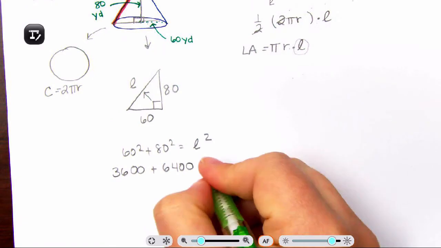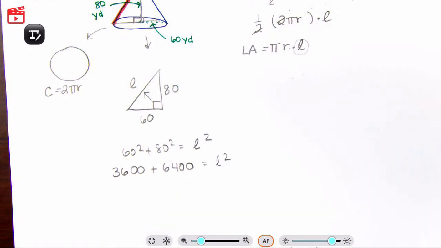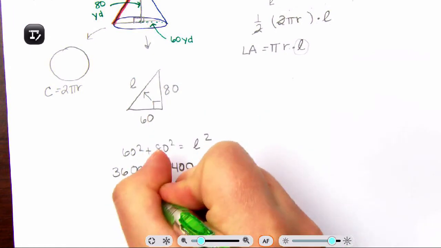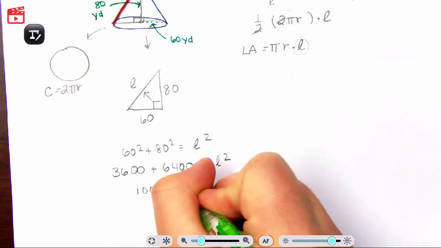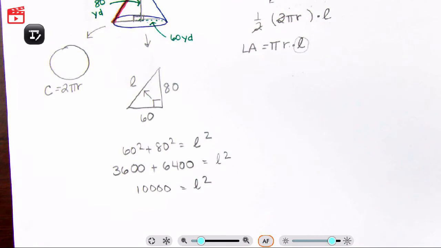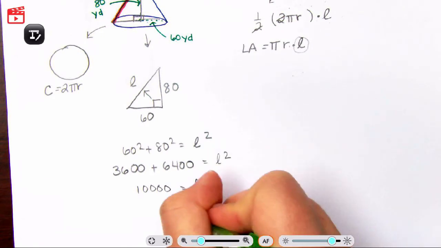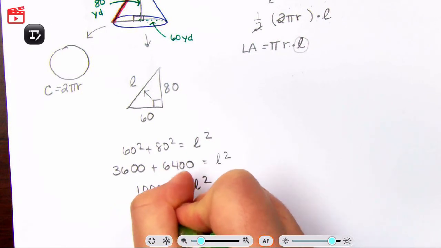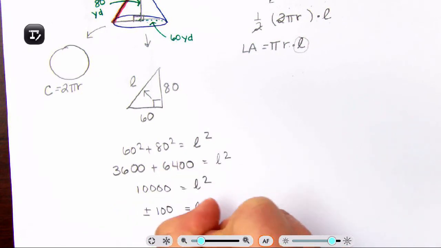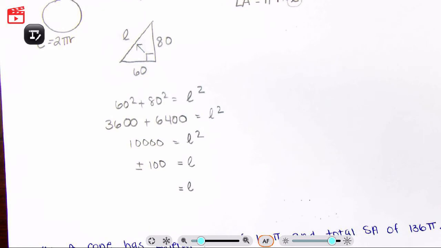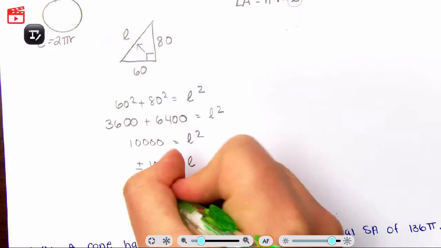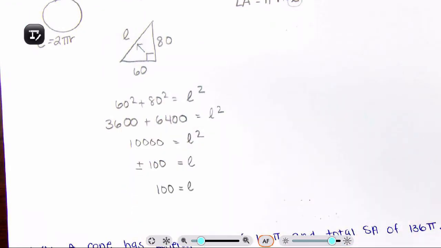We're going to add those together and then take the square root. So I have 10,000 is equal to my slant height squared. Taking the square root of that, the slant height is equal to plus or minus 100, but we are taking the measurement of something, so therefore it is only positive. So slant height is 100.